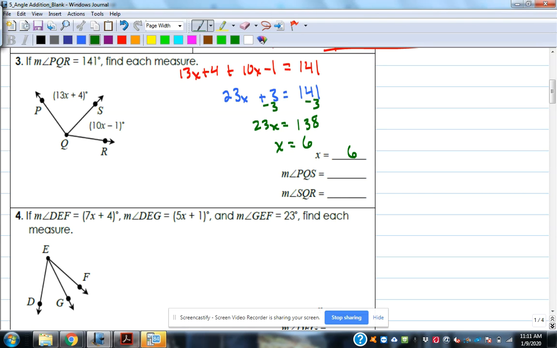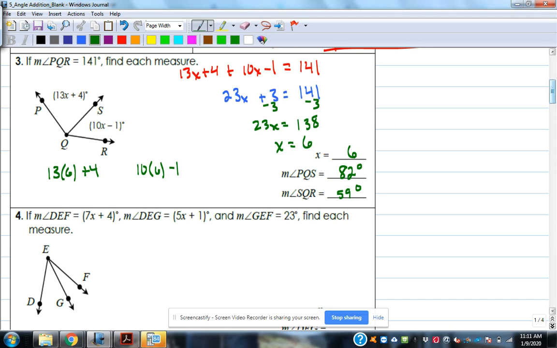And then we want to find the measure of angle PQS. So plug it into 13 times 6 plus 4. That'd be 78 plus 4 is 82 degrees. And then SQR, 10 times 6 minus 1, 59 degrees. Make sure you put your degree symbol on there. Be picky about that.